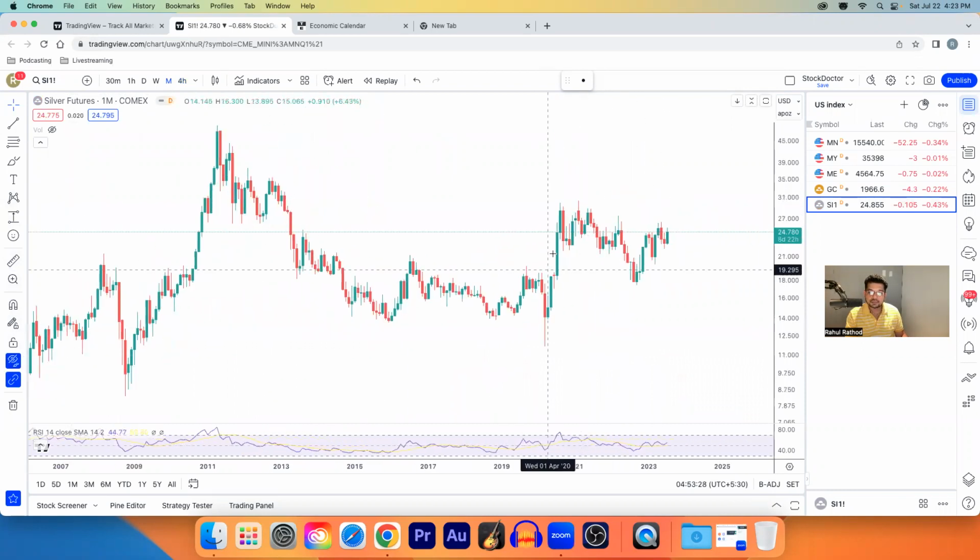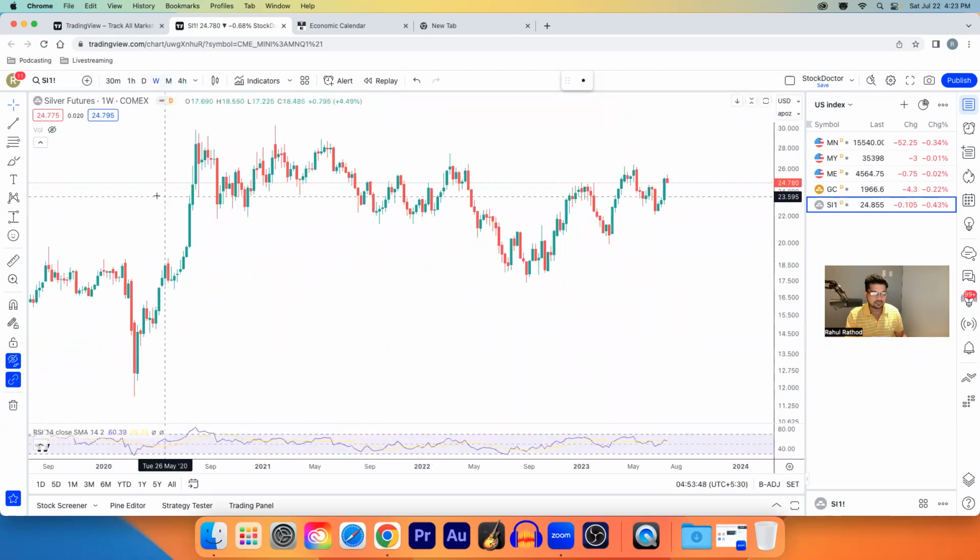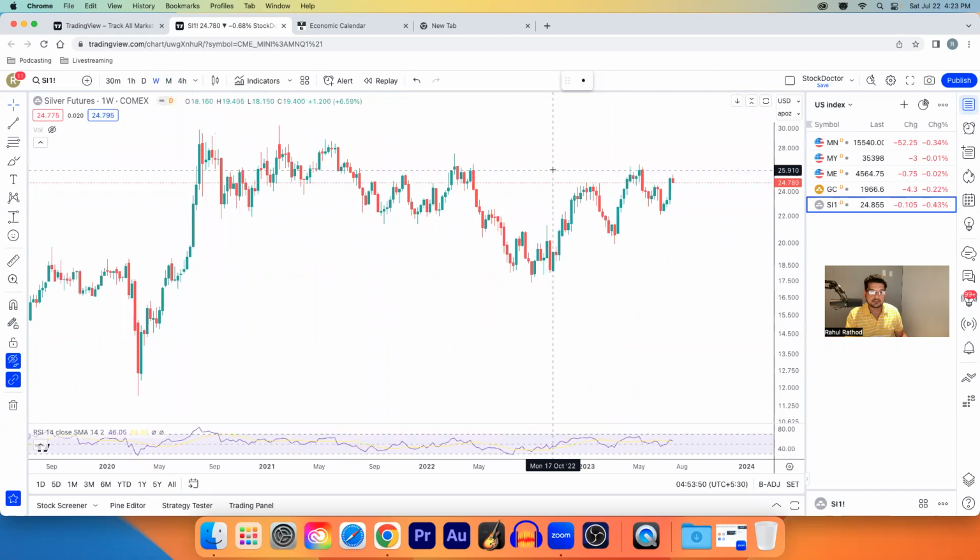Monthly, it wants to go towards the levels of 31, 33, and $36. Okay, this I can see on a monthly chart, but it will take some time. It needs to stay above some particular level. You can see here.